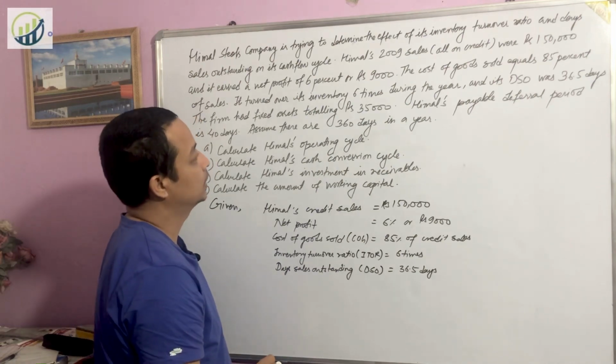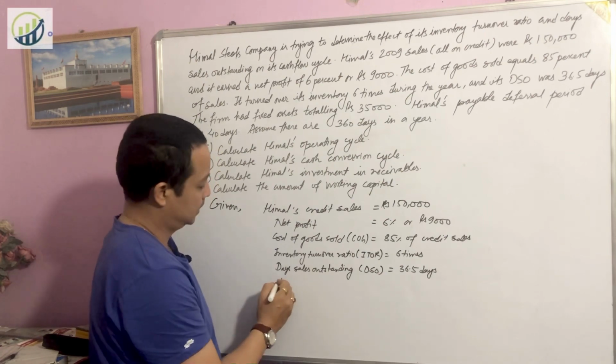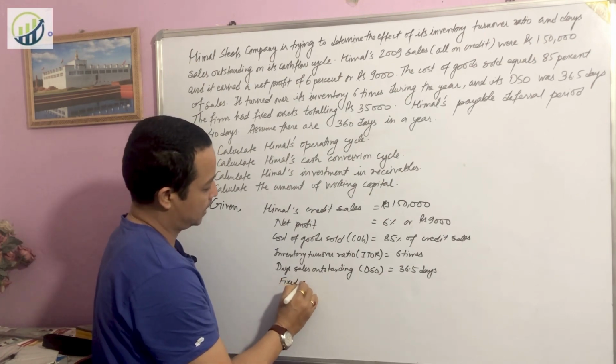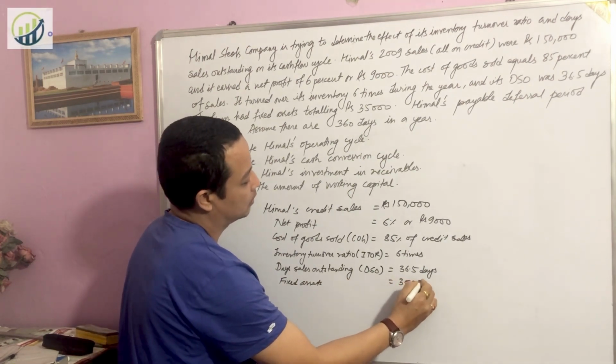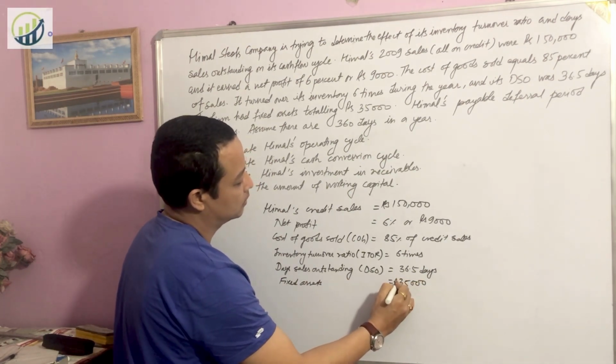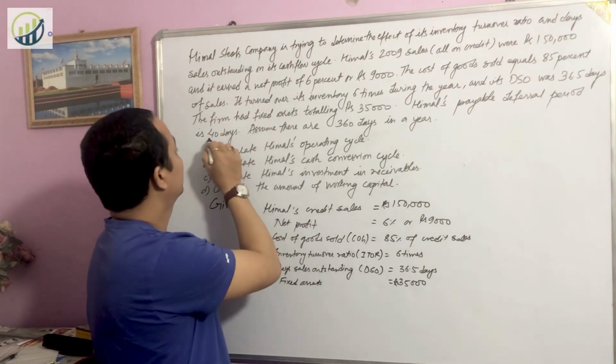Fixed assets are given here, 35,000. Payable deferral period: Himal's payable deferral period is 40 days.